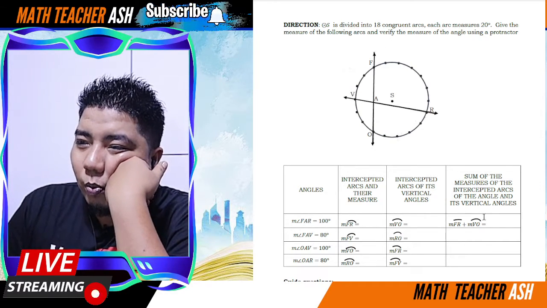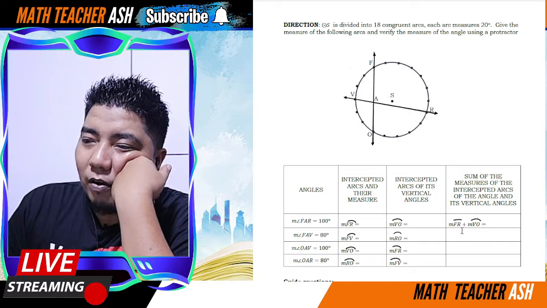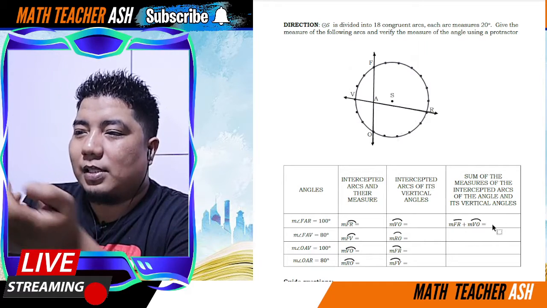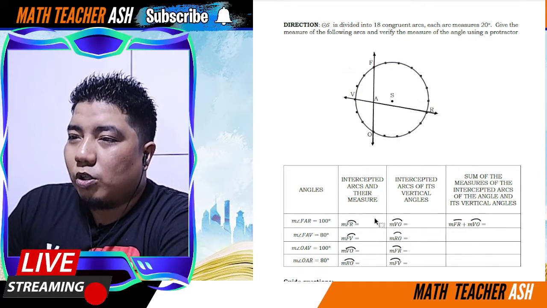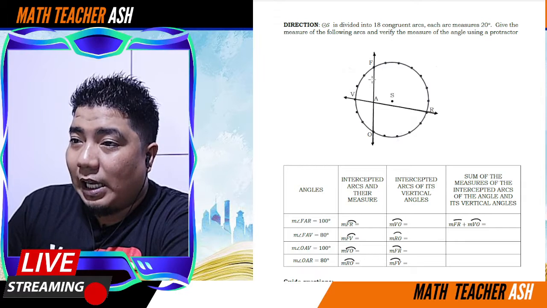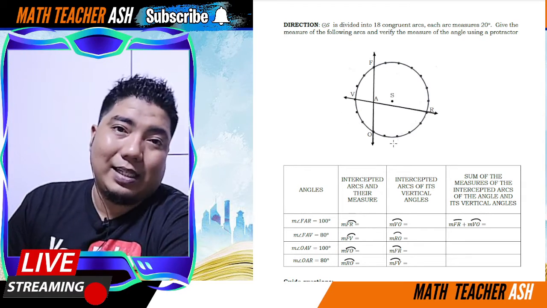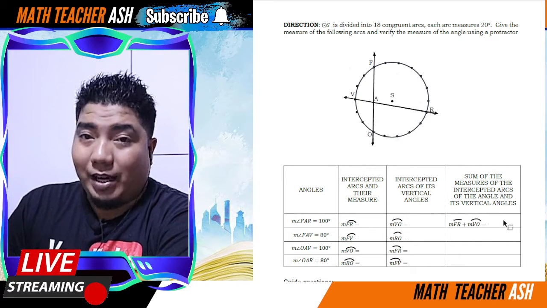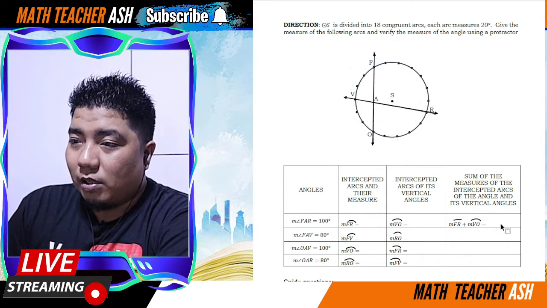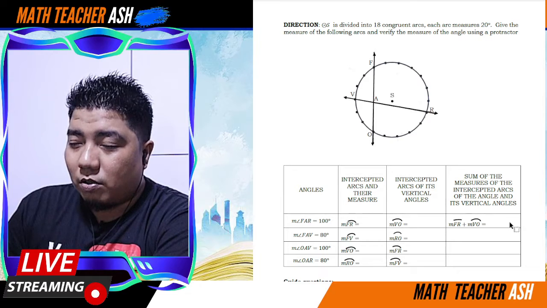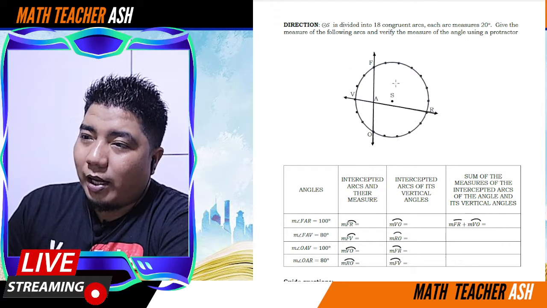Okay. So, we have here the measurement of arc FR plus the measurement of arc VO. So, we have here 140 plus 60, right? 1, 2, 3. Okay, 60. So, that gives us 200. Okay? So, if you consider, this is 200.